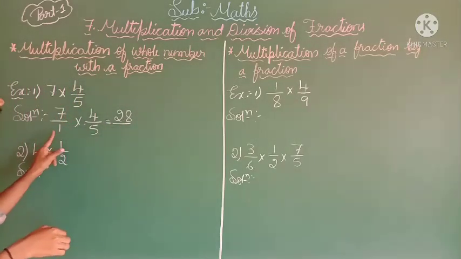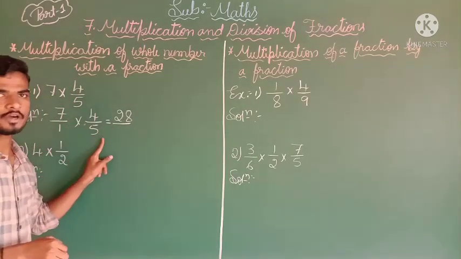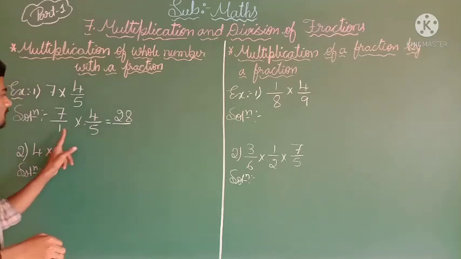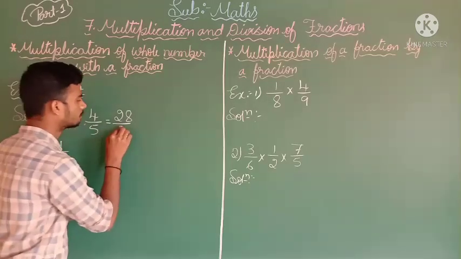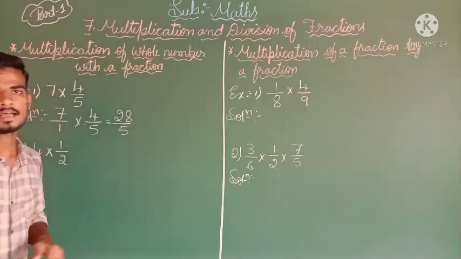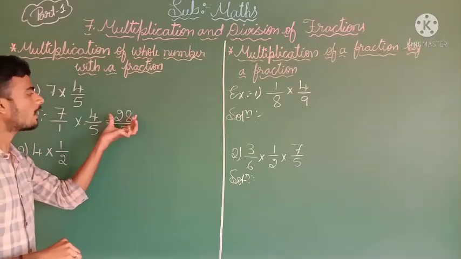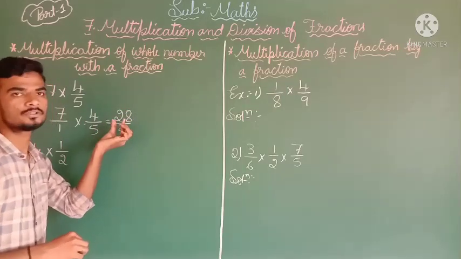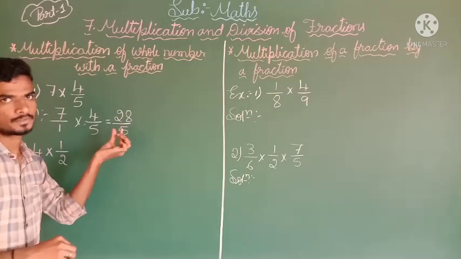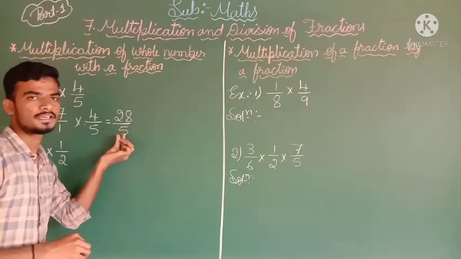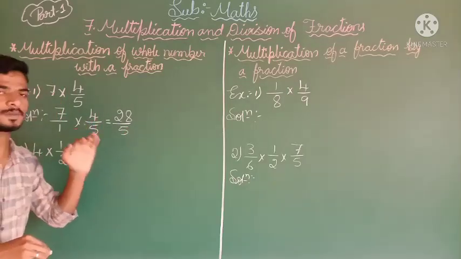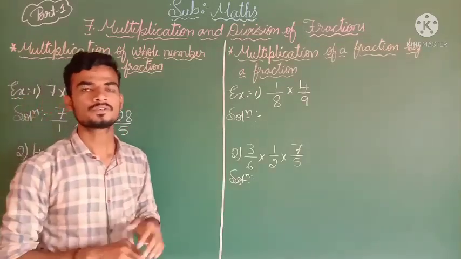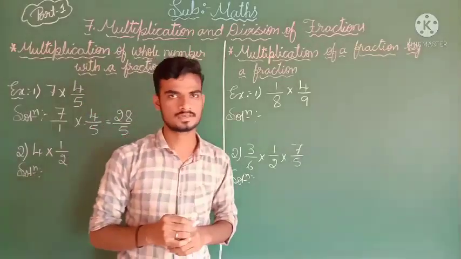Then denominator with denominator, 1 5s are 5. This is your answer. Here I have left it this way because it is not possible to reduce it to the simplest form. If it is possible to reduce to the lowest term, you can reduce it.